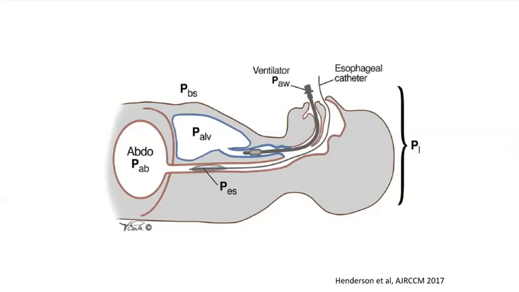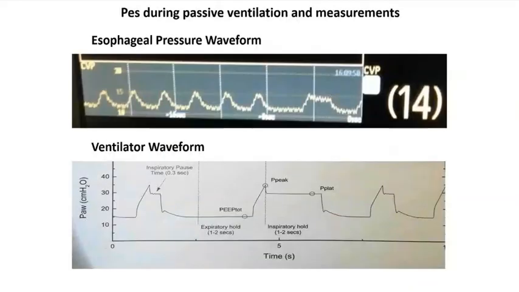So people said, instead of trying to measure the pleural pressure, which is really complicated, let's just put a catheter in the esophagus, like we put a feeding tube by the nose or orally, and just insert a balloon at the tip of the catheter so we can measure the pressure relatively easily. So when you do that, and it's really nothing very complicated, this is the kind of measurements you get.